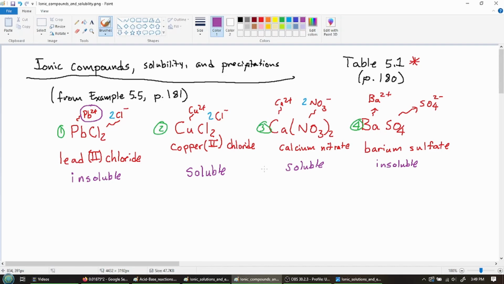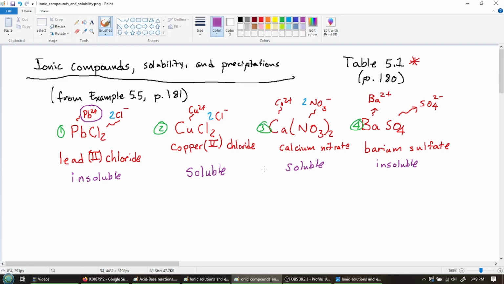So lithium carbonate, yeah, that's one of those exceptions. So lithium carbonate will be soluble. Okay, last one here. This is part D. This is ammonium chloride. Well, here we can actually figure this out from the top of the table. If something contains ammonium, it's always going to be soluble. NH4+, always soluble.